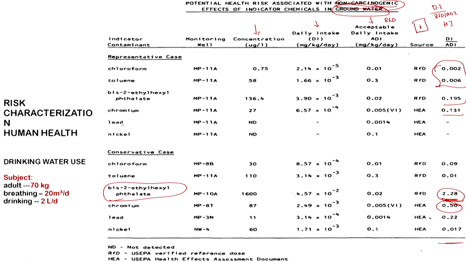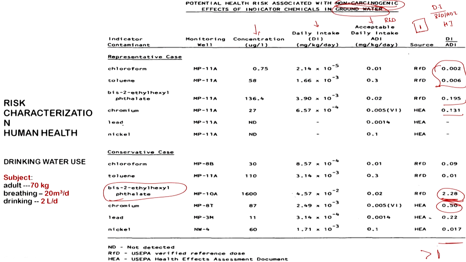Obviously, the sum will be greater than 1. So at this stage, I can scientifically conclude that individual compounds pose unacceptable levels of risk, as we can see in the case of ethyl hexyl thiolate, which is, I believe, a plasticizer, and certainly the sum of all these risks will be greater than 1.